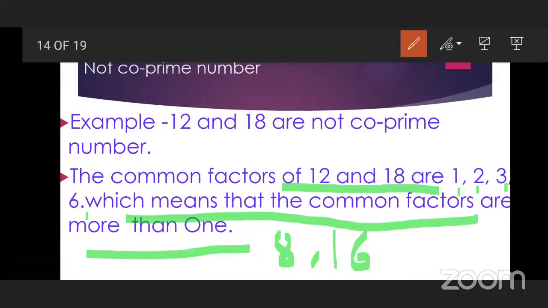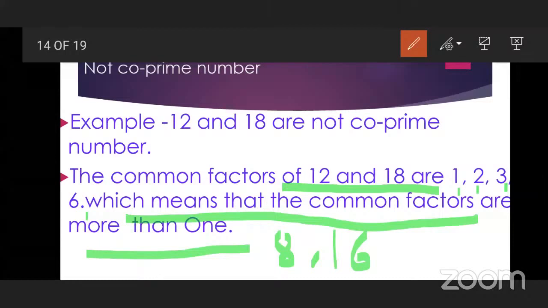And in co-prime numbers only 1 is the common factor, but these are composite numbers. 8 and 16 are composite numbers. So 8 and 16 are not co-prime numbers. Okay, such types of examples will be given to you also, and you have to solve them very clearly.